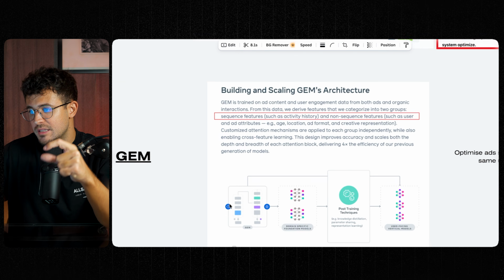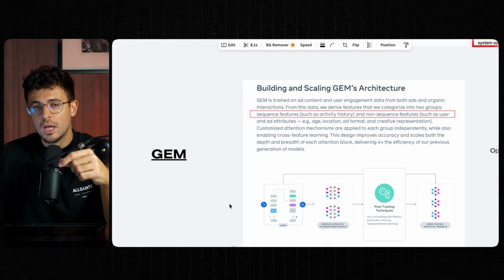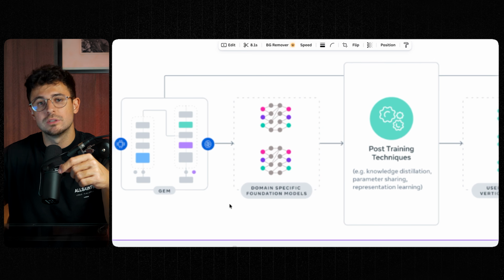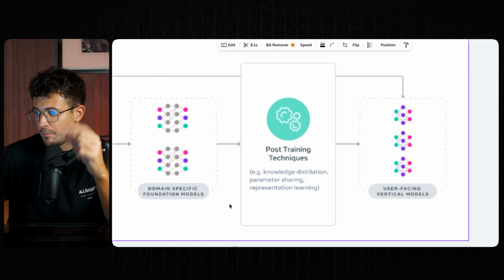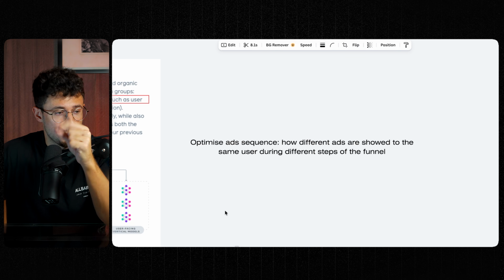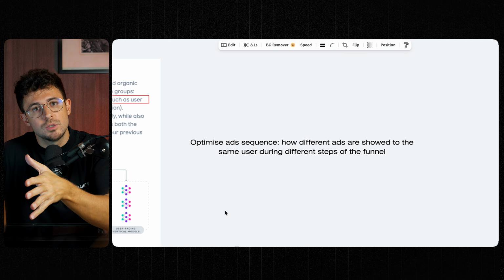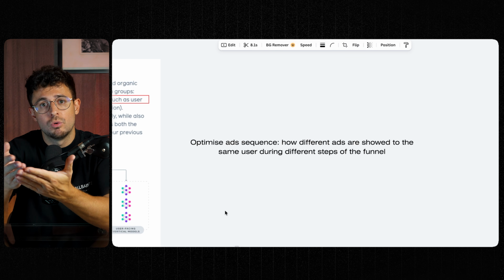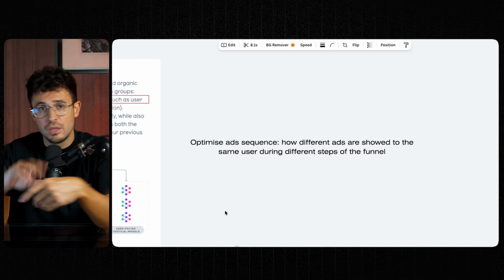And Gem is the architecture behind Andromeda that is going to create the sequence of ads that will be shown to people. This is very important to understand, because right now Meta is not optimizing the winning ad, but it's optimizing the winning ad sequence. So how different ads are being shown to people in different ways and in different sequences.